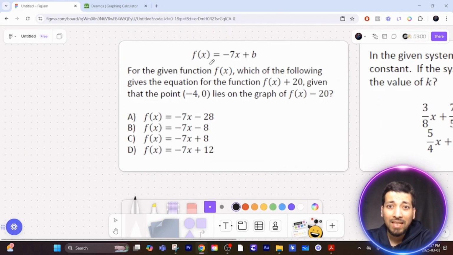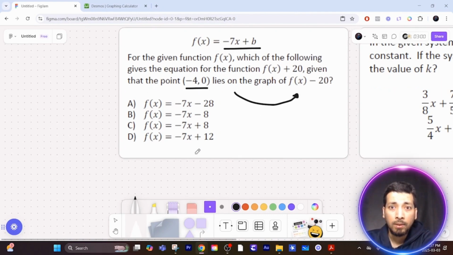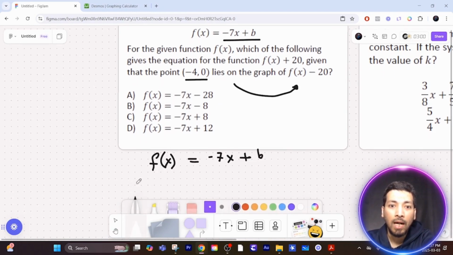So first thing first is for this given function, we know that we have negative 7x plus b, and this negative 4, 0 lies on the graph of f of x minus 20. So if I have f of x is equal to negative 7x plus b, and I want to get to f of x minus 20.